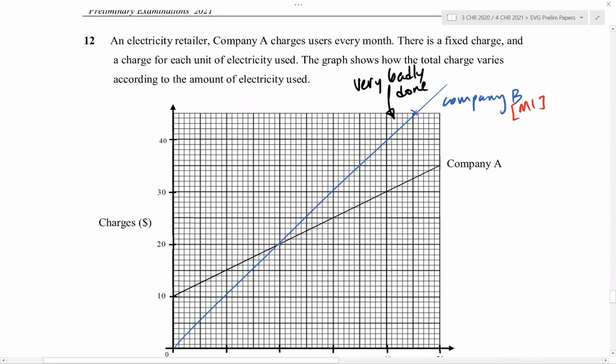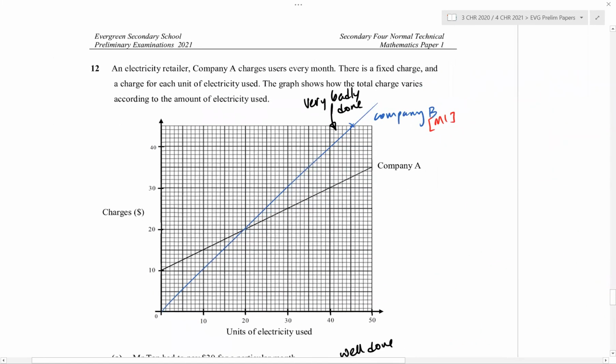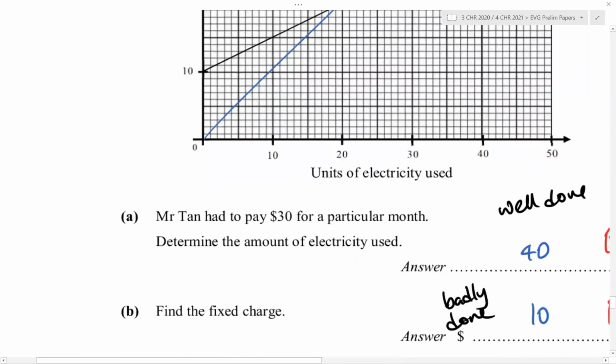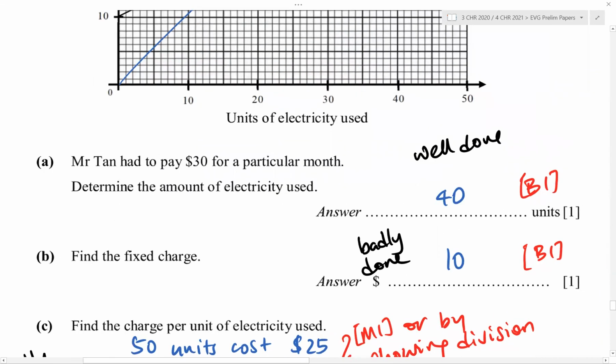Question 12. Part A, well done, 40. Part B, find the fixed charge, it is 10. I'll explain later. 10 will give you 1 mark.